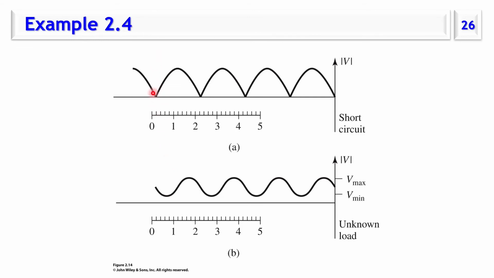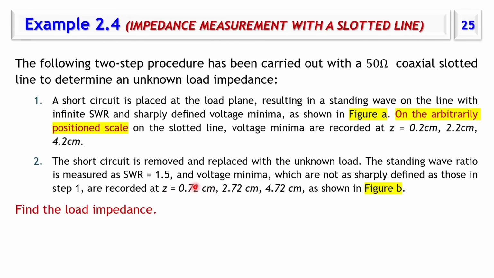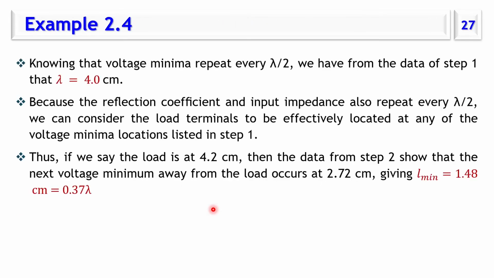So the distance from this minimum in the short circuit case to the first minimum in the unknown load case is L minimum, which is here 0.72 minus 0.2. So L minimum is 0.52. And this way we would solve the problem. So lambda by 2 equals 2, so lambda equals 4.